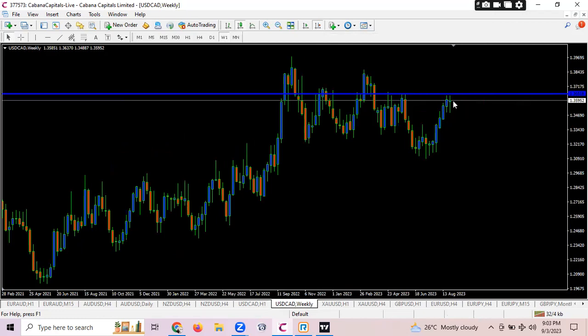But if this resistance zone is broken, we should expect more bullish move on USD CAD. So if a 4-hour candle closes above this zone, I would consider buying USD CAD.